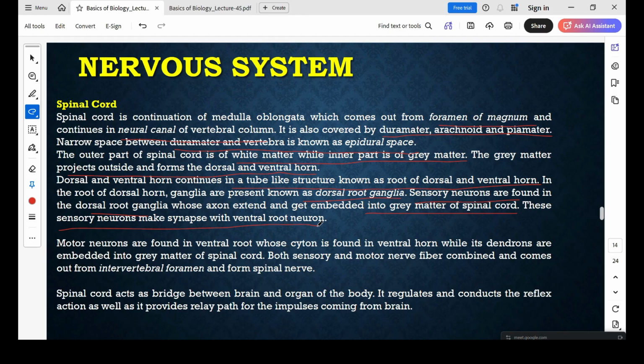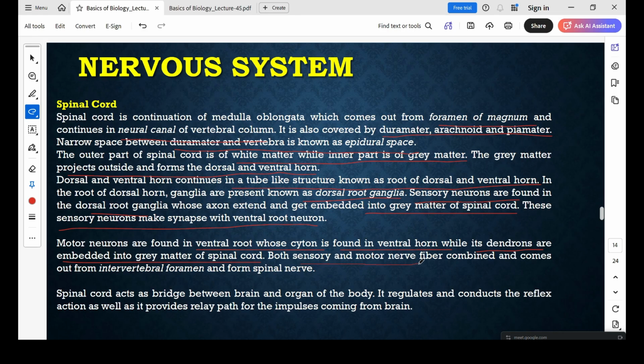So there are a lot of neurons that originate or have inputs into the spinal cord, and all of these neurons span different functions that the nervous system is responsible for. Motor neurons are found in the ventral root, whose cyton, meaning cell body, is found in the ventral horn, while its dendrons are embedded into the gray matter of the spinal cord.